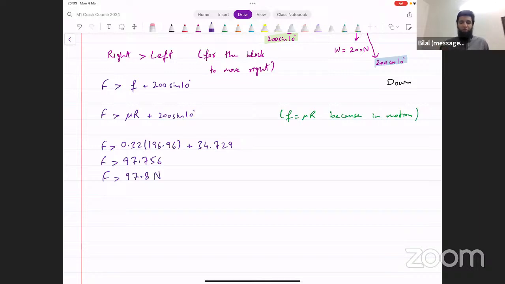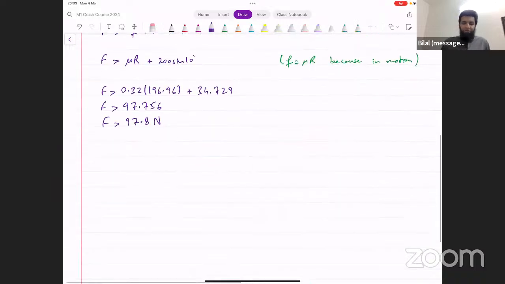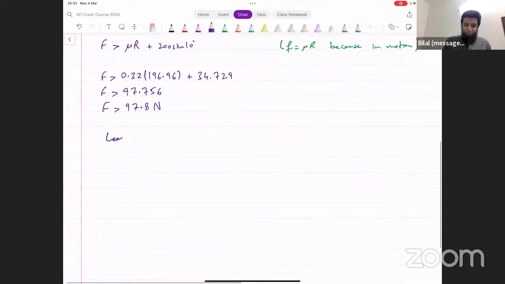Now, what we are looking for is the least force required to move the block. What's the least force required to move the block then? We would say the least F required to move the block is 97.8 Newton. Now, you might be confused. It says greater than 97.8. Why are we saying 97.8? Well, F is a continuous variable, as in force can be any value in decimals, 97.8, right?